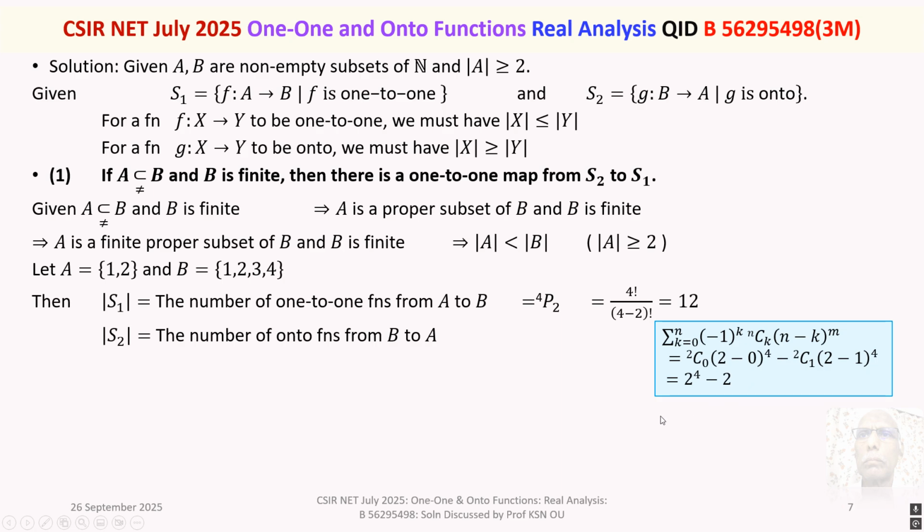For k equal to 1: (-1)^1 is minus, 2C1 into (2 minus 1) to the power of 4, which is minus 2. So that will be 2 to the power of 4 minus 2, that is 14.